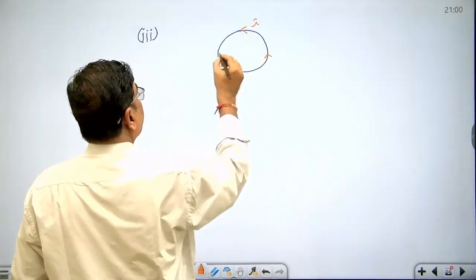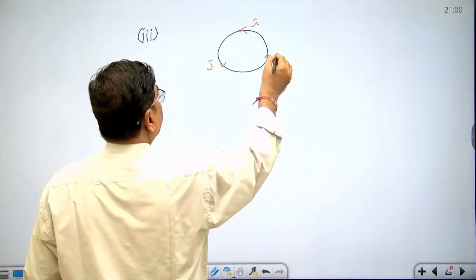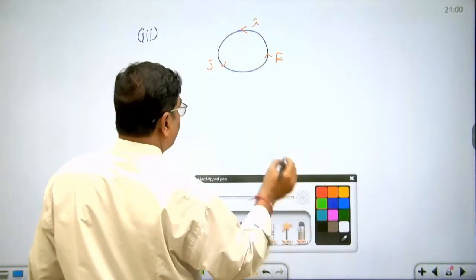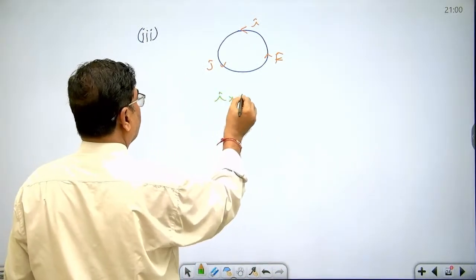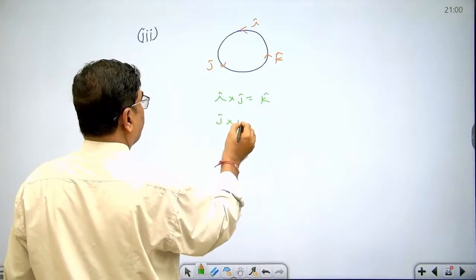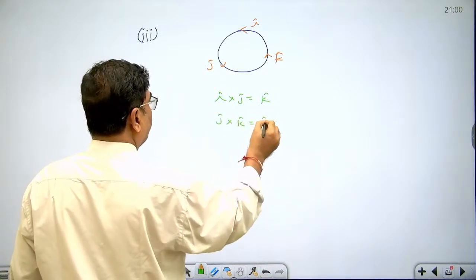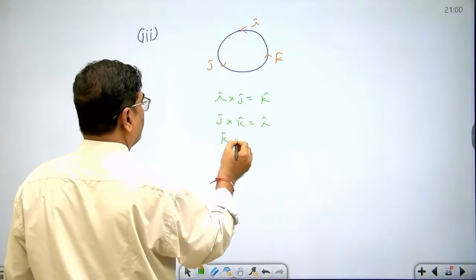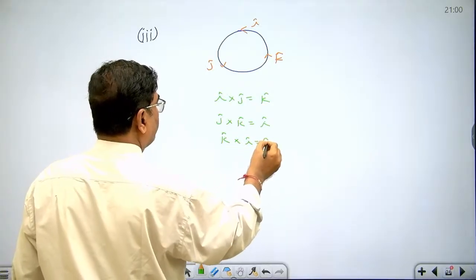If this is I cap, this is J cap and this is K cap. Dear student, I cap cross J cap equal to K cap. J cap cross K cap equal to I cap and K cap cross I cap equal to J cap.